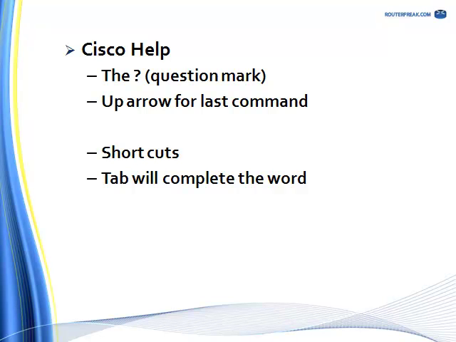I can use my up arrow for the last command. I can use my down arrow for the next command. There are different shortcuts we can use. We can do Control Z, which will back us all the way out of our configuration wherever we are. We can use Tab to complete our words.